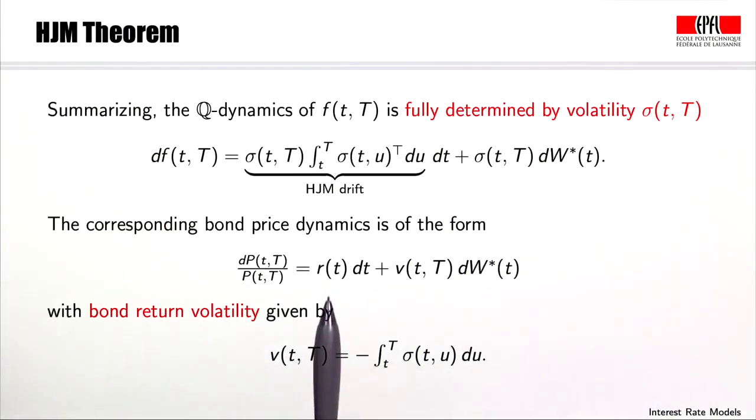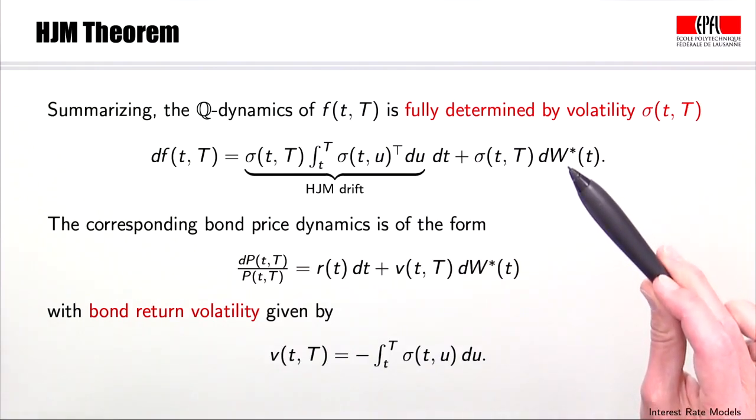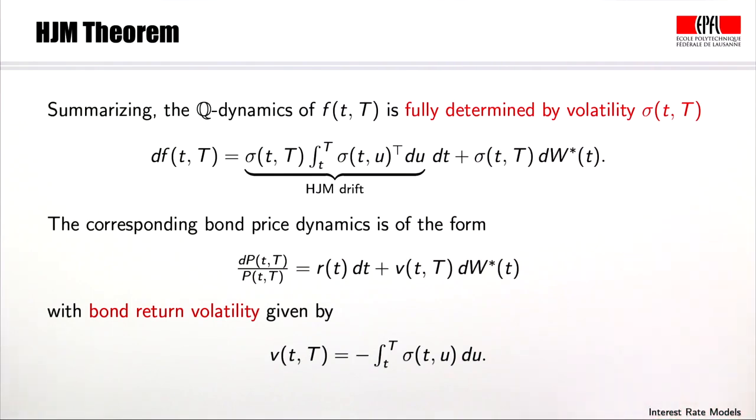It has a risk-free expected rate of return and a volatility V, which again is defined as minus the integrated forward rate volatility. The minus sign comes from the fact that an upward shock in the Brownian motion W star drives forward rates up. Rates going up means bond prices go down.